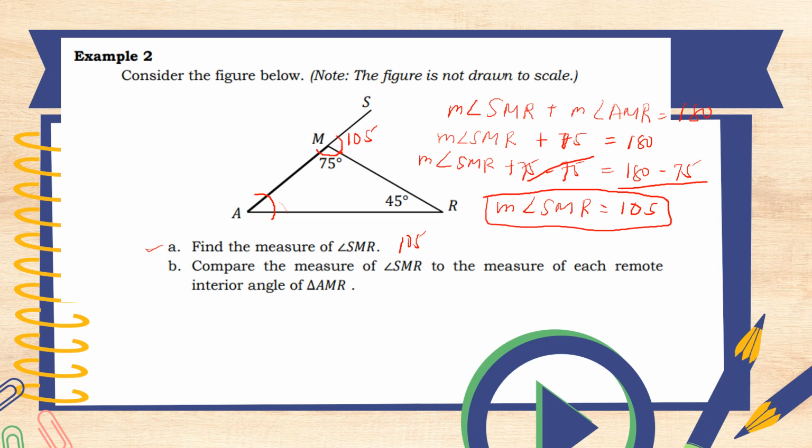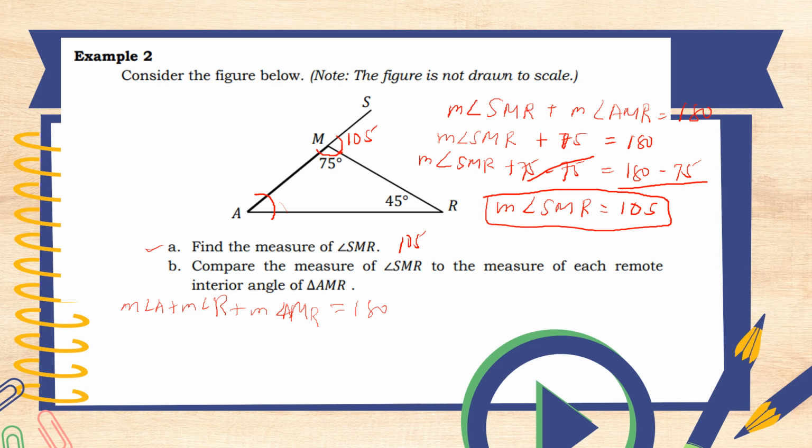So we have the measure of angle A plus the measure of angle R plus the measure of angle M, or AMR, is equal to 180.